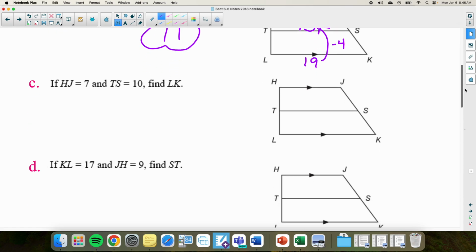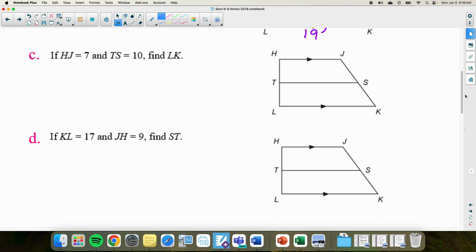Okay. Then if I look at this one, HJ is 7, TS is 10, find LK, do you know what that would be? Here, that's the shortcut way again, and 7 plus 3 is 10. So 10 plus 3 is 13.